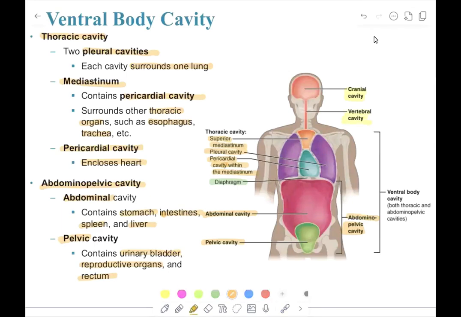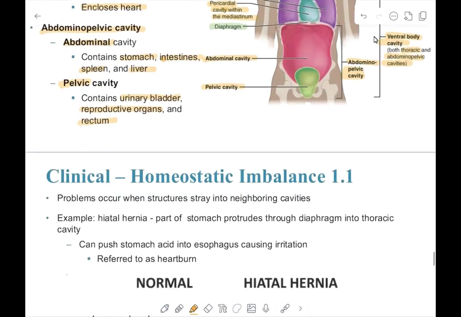And the ventral, which is a little more complicated, is subdivided into thoracic and abdominopelvic cavities. You'll probably be going over this in lab as well, so you'll have a chance to ask your lab instructor also. If you're online for lab, don't be afraid to email your lab instructor.